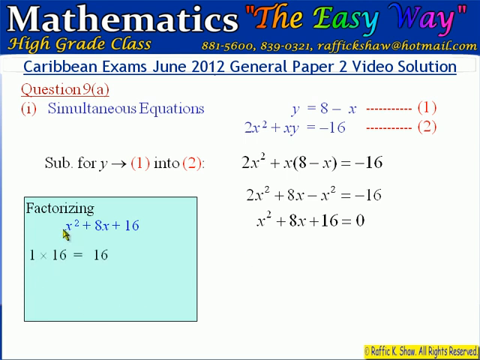We multiply the coefficient of x squared with the constant term, that's 1 multiplied by 16, and that is 16. And then we want factors of this 16 that add to the middle term 8.